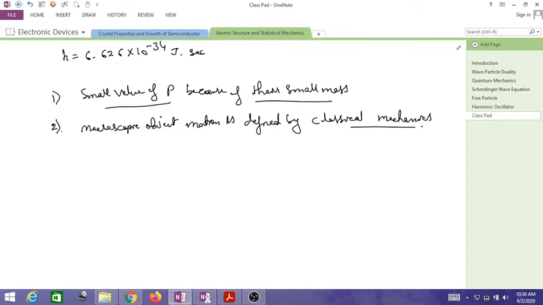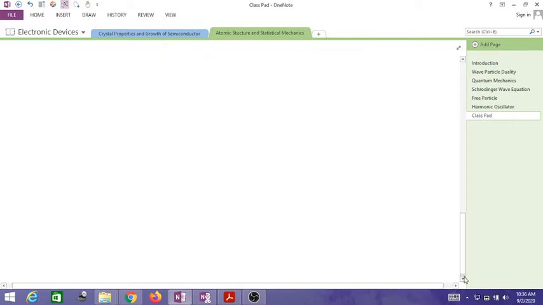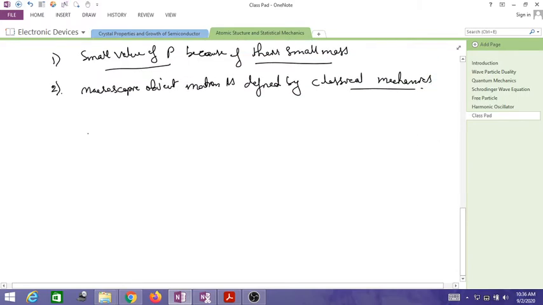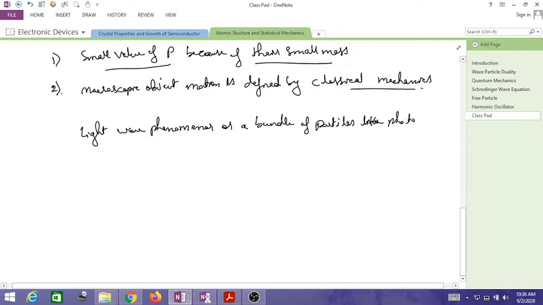Now there are certain questions that arise. The first question is: is light a wave phenomenon or a bundle of particles like photons?